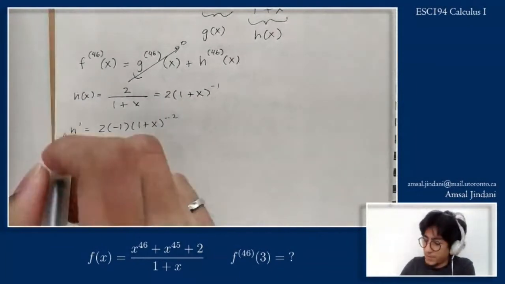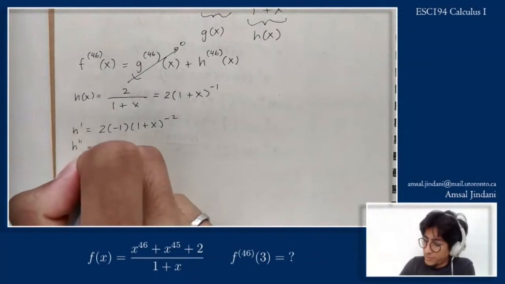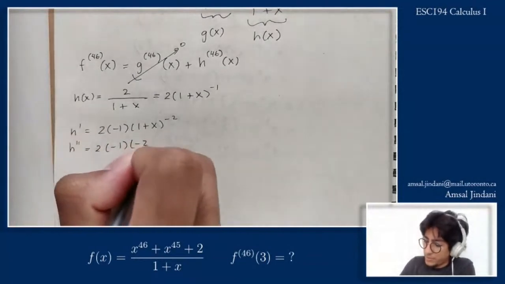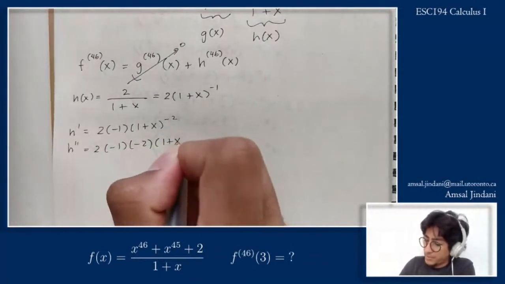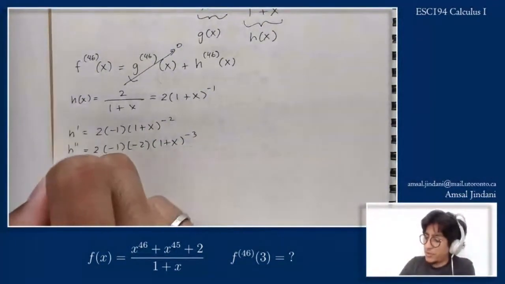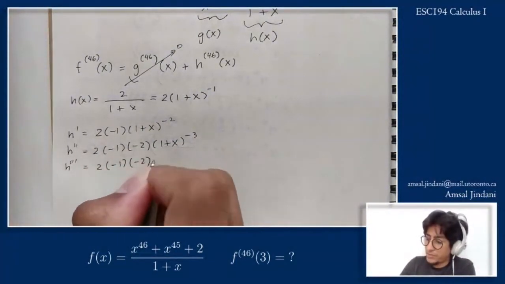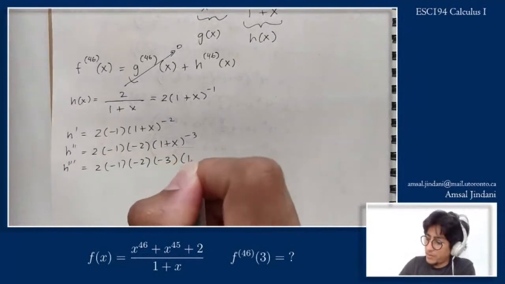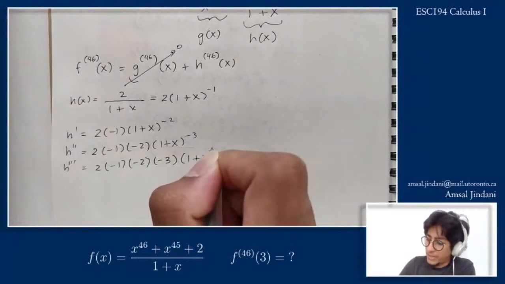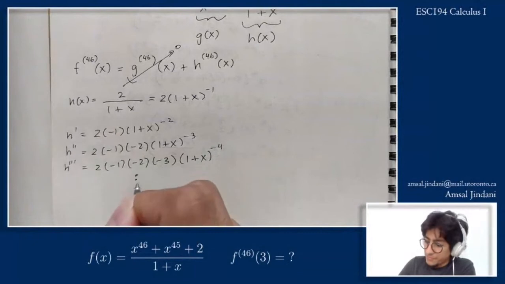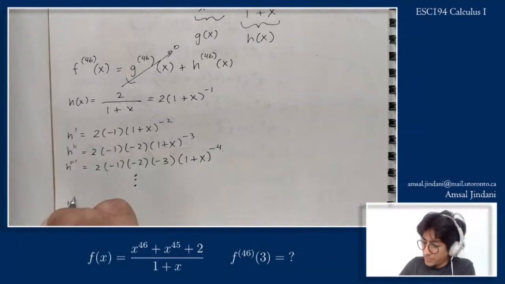Let's take the derivative again. I have 2 times negative 1 times negative 2, (1 plus x) to the power negative 3. One more time, just to see the pattern: 2, negative 1, negative 2, negative 3, (1 plus x) to the power negative 4. By now, you guys probably see the pattern.